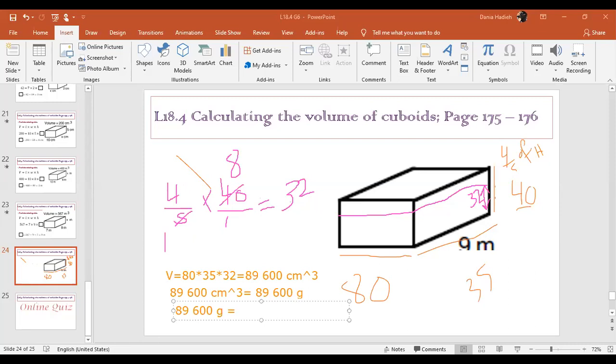Because if you look at the question, he didn't ask it to be in grams. He asked you to give your answer in kilogram. So shouldn't I divide this by 1,000? Which means it's going to be 89.6 kilogram. And that's it.